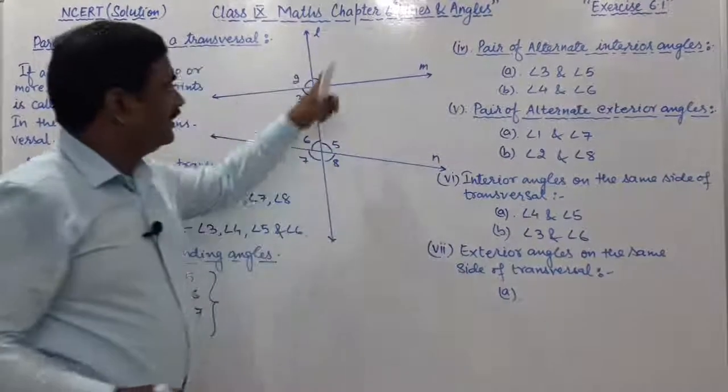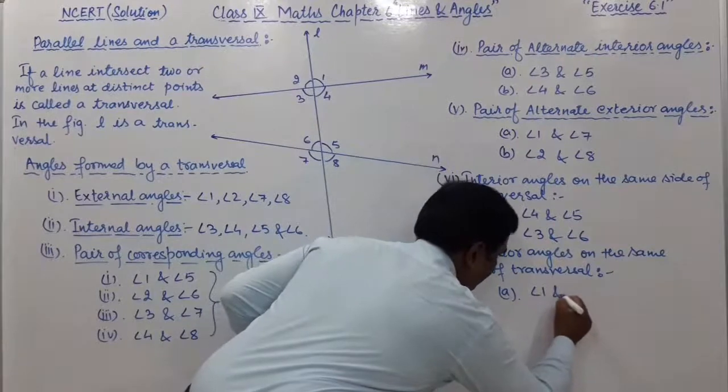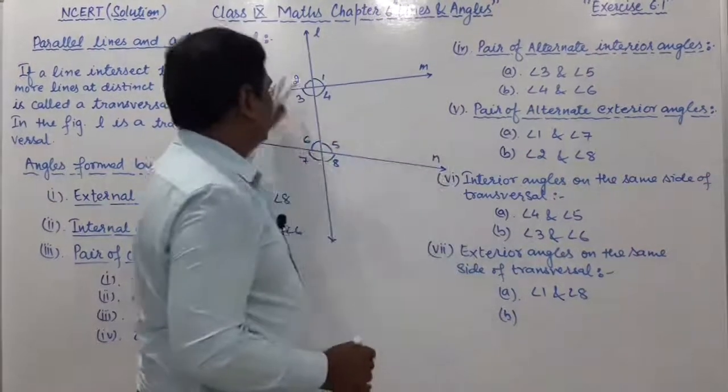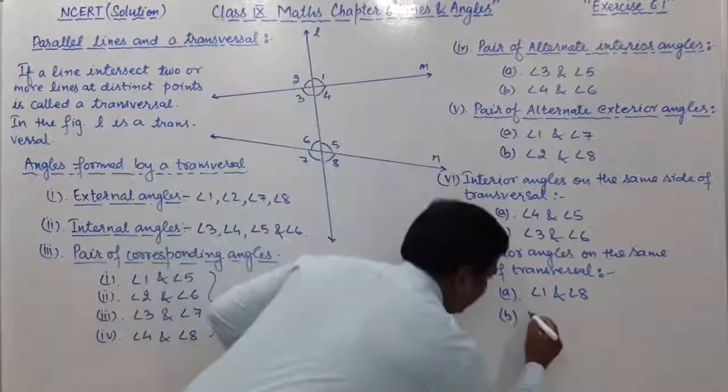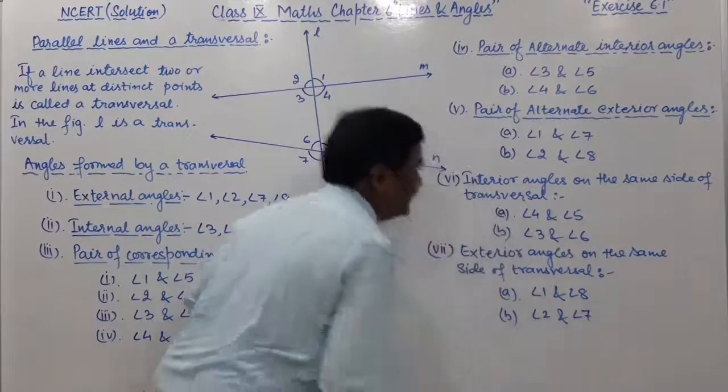There are two pairs: angle 1 and angle 8, second pair, angle 2 and angle 7.